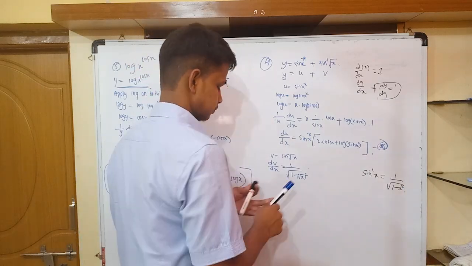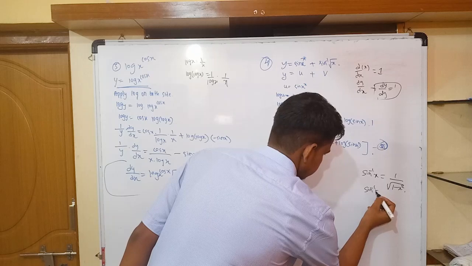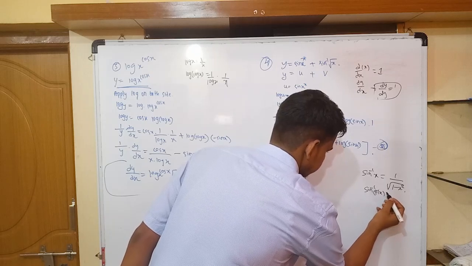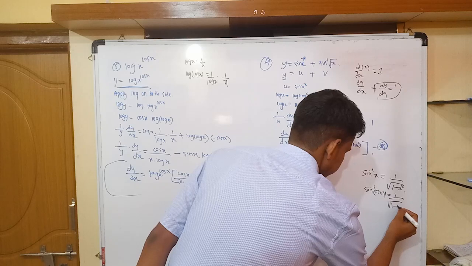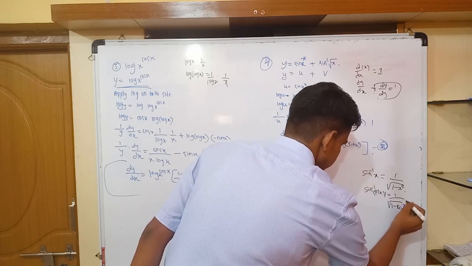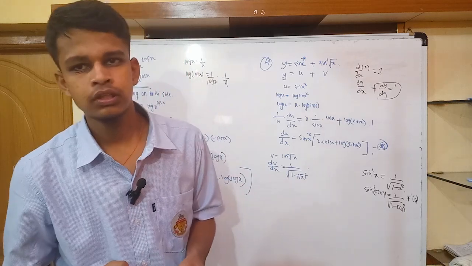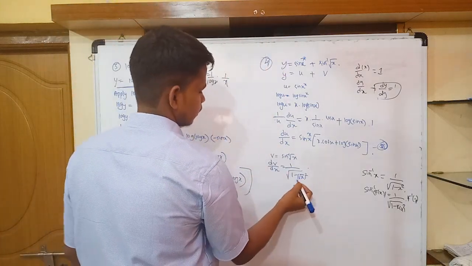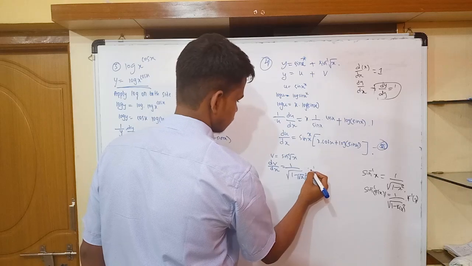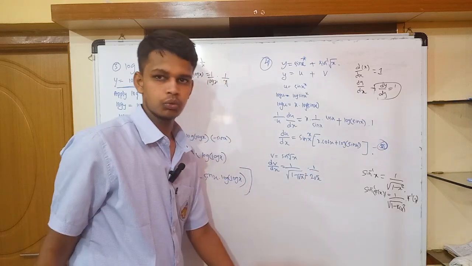So it is 1 divided by under root 1 minus f of x whole square, into f dash of x, where the derivative of f of x is called f dash of x. The derivative of root x is 1 by 2 root x.